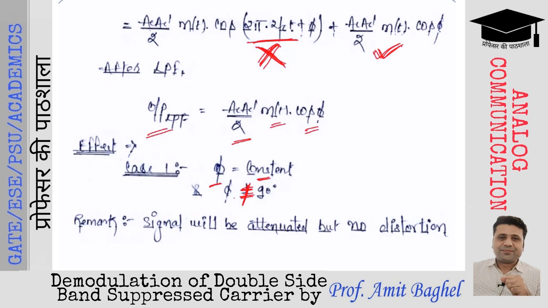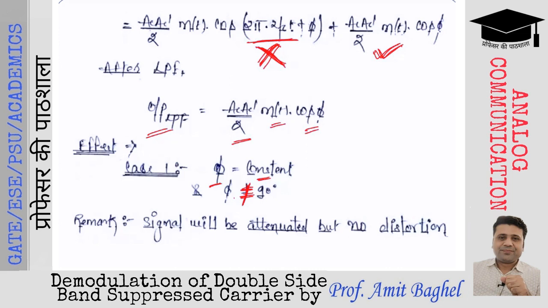So this is case 1. Case 1 says when we are taking the phase error as a constant value which is in between the range of 0 to 90 degree, cos of phi will range in between 0 to 1, and ultimately we are going to multiply Ac dash by 2 m(t) with a constant value in between 0 and 1.